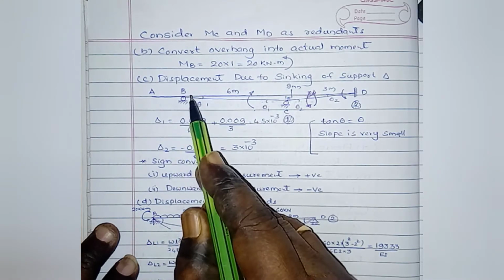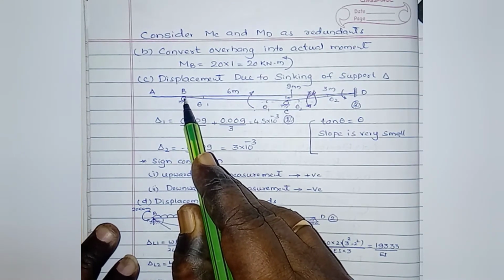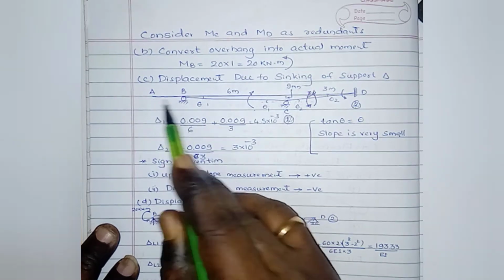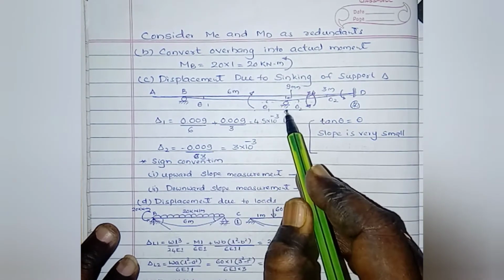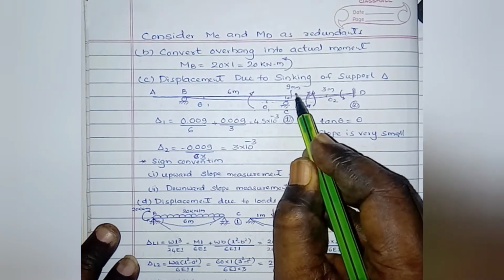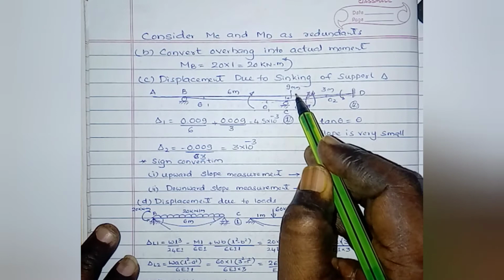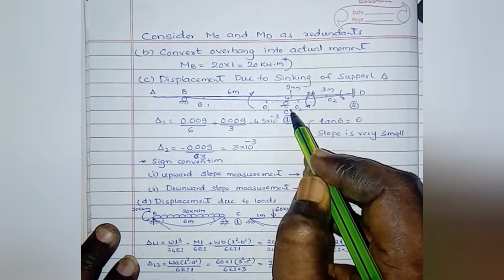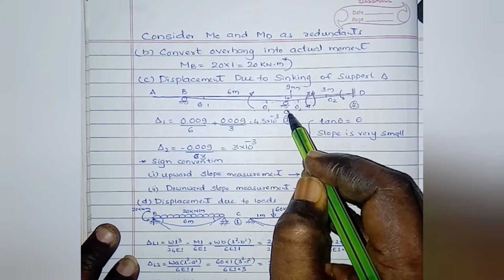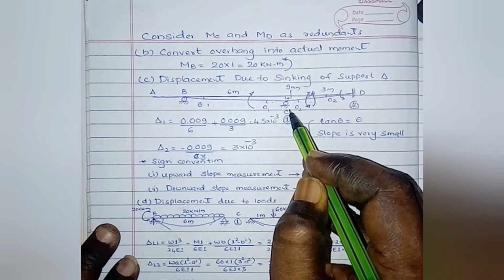Here at support B, there is no effect in span AB. The support C is sunk by 9 millimeter. There is a settlement of 9 millimeter with respect to its original position.